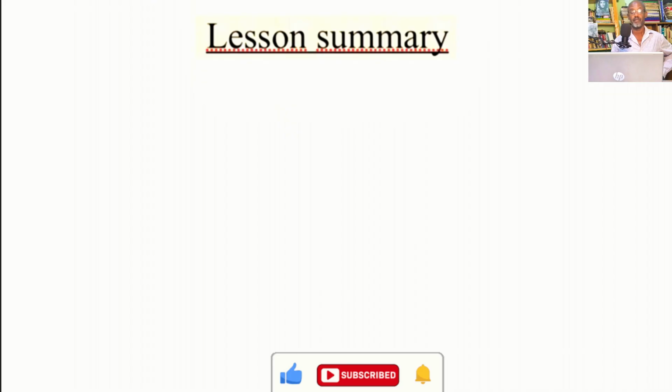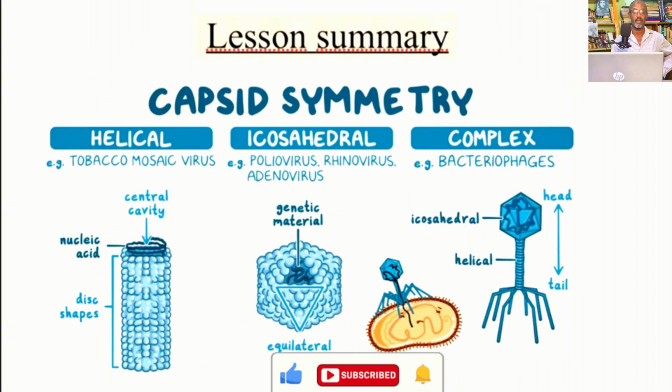Lesson summary. Let me give you a summary of the lecture so far. Capsid symmetry: helical viruses, with a helix, icosahedral viruses, and the complex viruses, the bacteriophages.